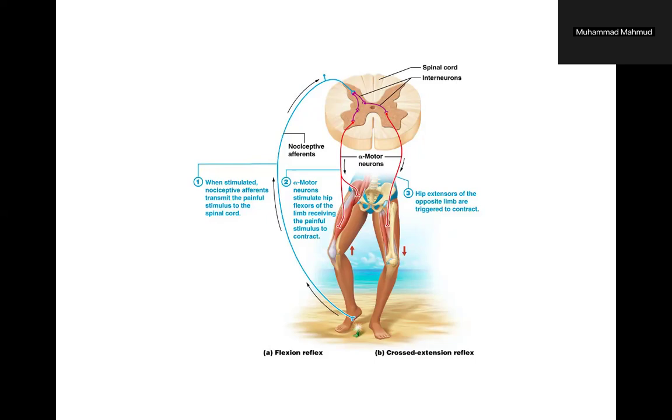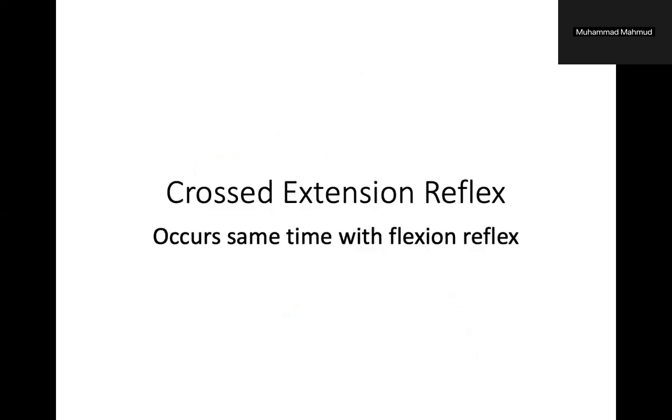The right leg is removed from the painful stimulus, but the left leg is taking care. It remains on the ground solidly, maintaining balance. How is that happening? At the same time when the right leg is flexed, the left leg is extended. So this is why it is called the crossed extension reflex.